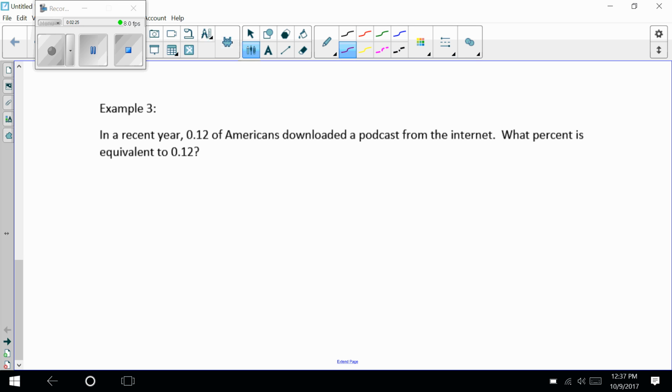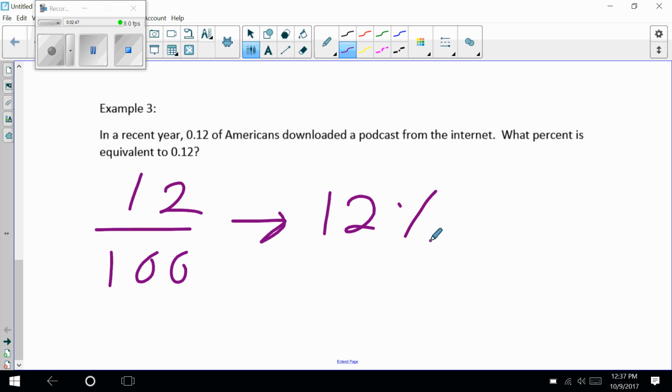Number 3 says, in a recent year, 0.12 or 12 hundredths of Americans downloaded a podcast from the internet. What percent is equivalent to 0.12? Or again, like I just said, that's 12 out of 100. So if you wrote a fraction, obviously the simple thing to do is you know that that is just 12%.